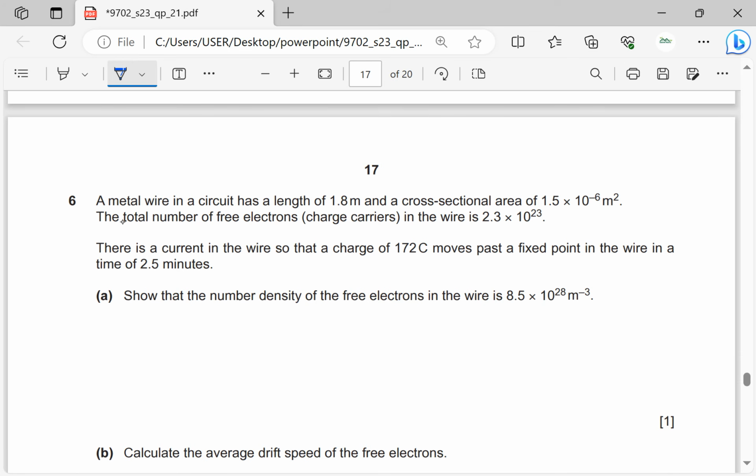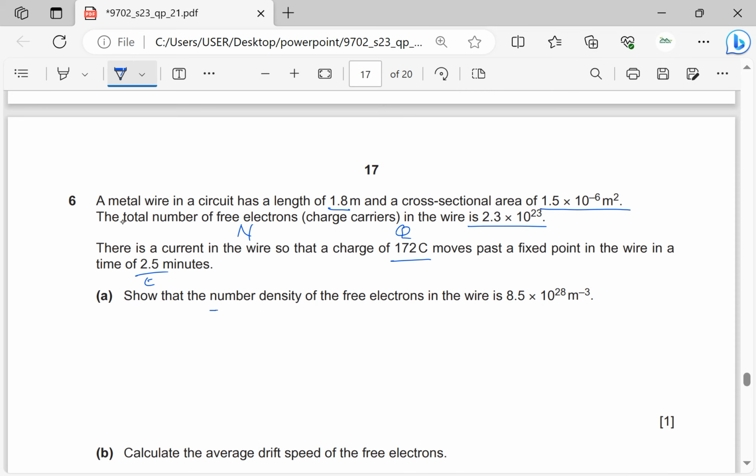The metal wire in a circuit has length 1.8 and cross-sectional area 1.5. The total number of free electrons, that is capital N, in the wire is 2.3 times 10 power 23. There is a current in the wire so that a charge of 172 coulombs, that is Q, passes a fixed point in the wire in a time of 2.5 minutes.